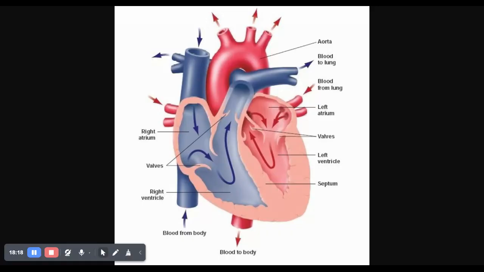Now, almost every single vein brings oxygen poor blood into the heart, except for the pulmonary veins, which we're going to talk about later.